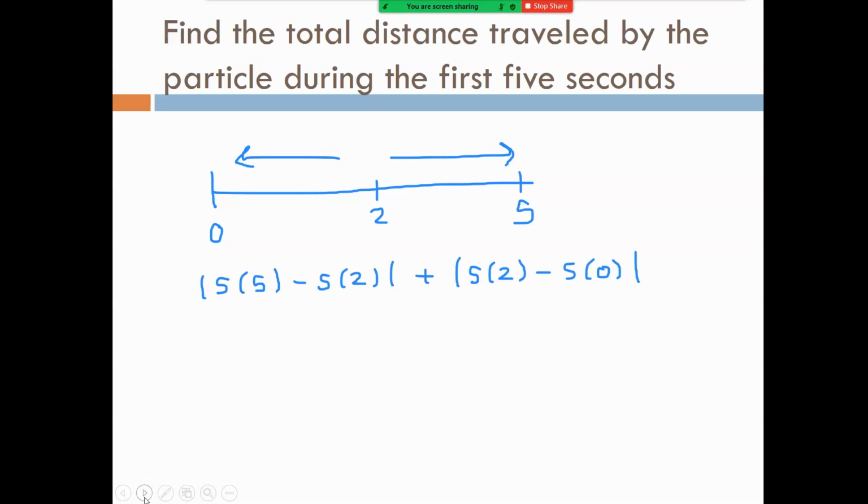Okay, so S of 5 is 25 plus 3, which is 28, minus 20, so 8. And then S of 2 is 4 plus 3, which is 7, minus 8. So you get negative 1.